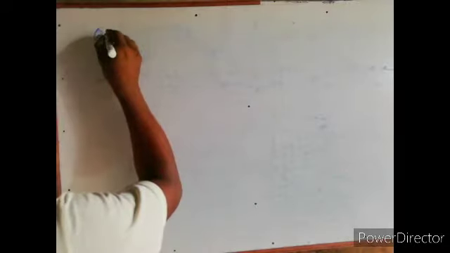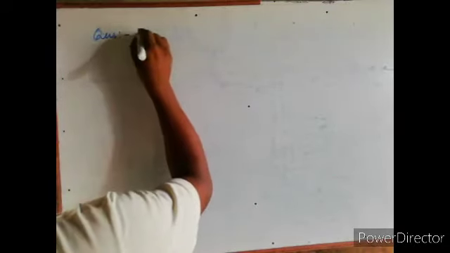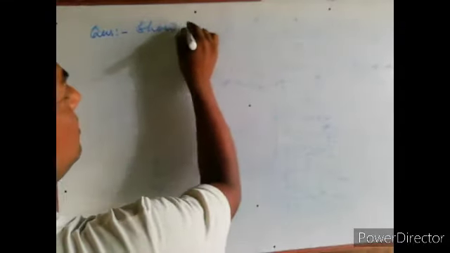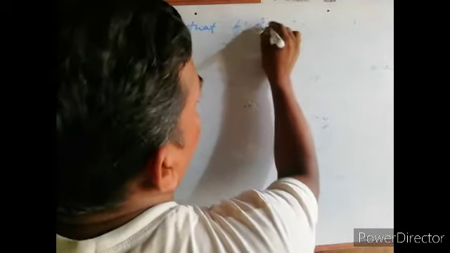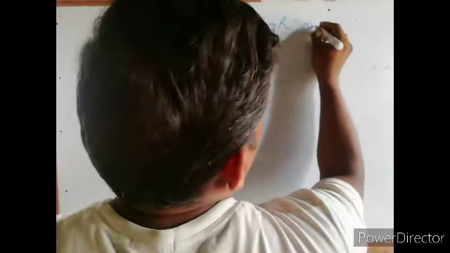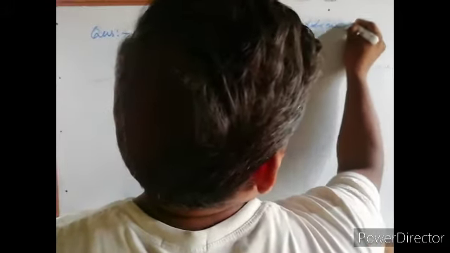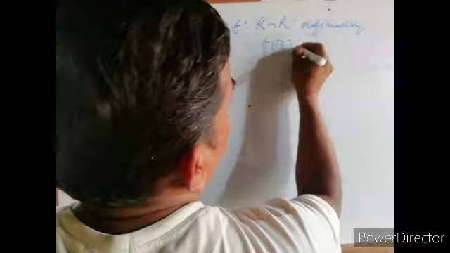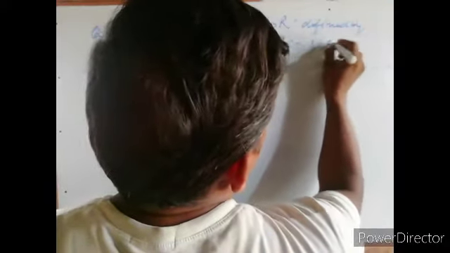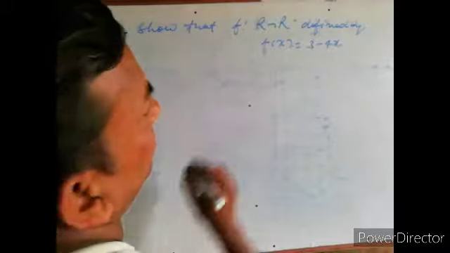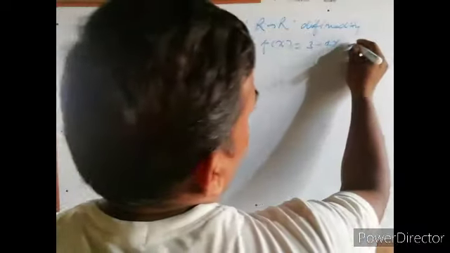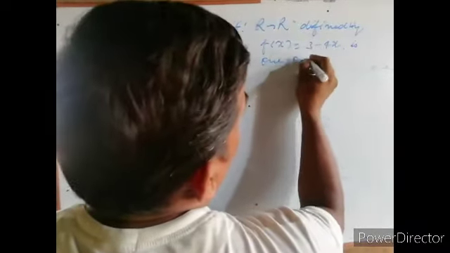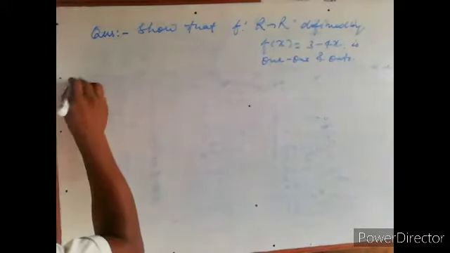Question: to show that a function f from real number to real number defined by f of x is equal to 3 minus 4x, so that the function f from R to R defined by f of x equal to 3 minus 4x is one-one and onto. Solution.